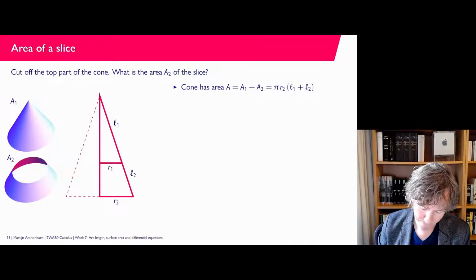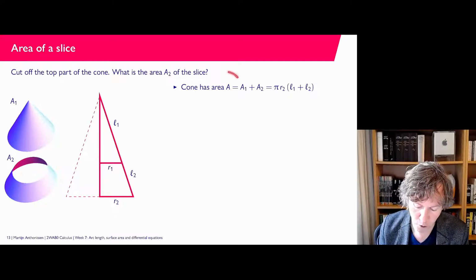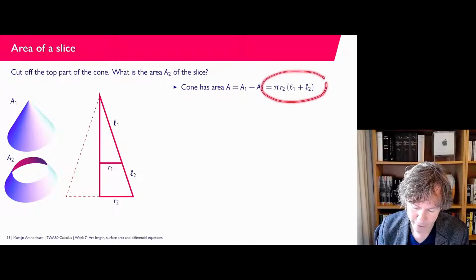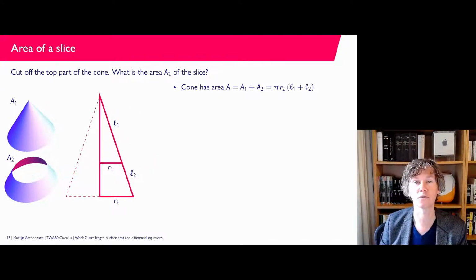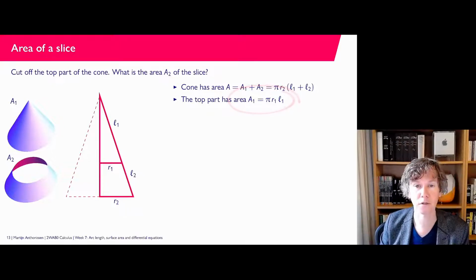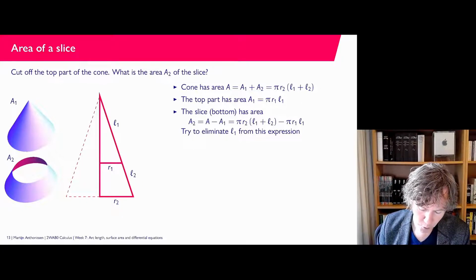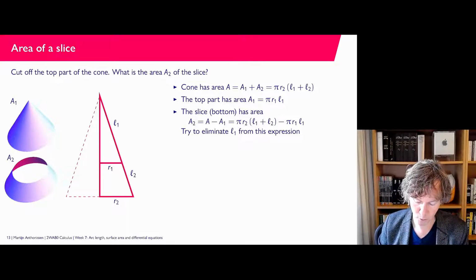Now, with what we have already seen on the previous slide, we know that the full cone has area A1 plus A2, and that is pi times the base radius, which is R2 in this situation, times the slant height, which is the sum of these two, L1 and L2. Okay, that's great. Then the top bit has this area, that's a full cone. So the bottom part is the difference between these two areas. So I can just subtract them.